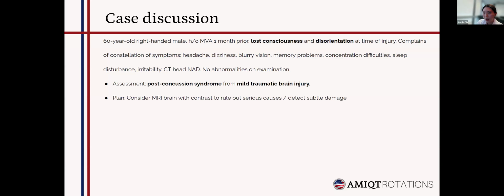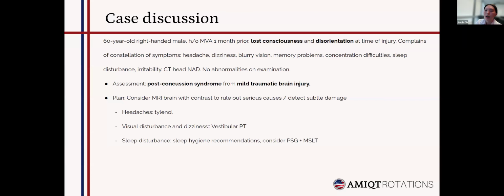Firstly, our plan was to consider performing an MRI brain with contrast to rule out serious causes or detect subtle damage that the CT may not have picked up. The patient may have developed a hematoma that wasn't present in the initial evaluation, so we wanted to check for that. We're now adopting a symptom-oriented approach. For the patient's headaches, we recommended Tylenol. For his visual disturbance and dizziness, vestibular physiotherapy.